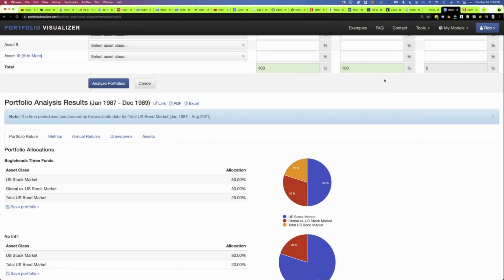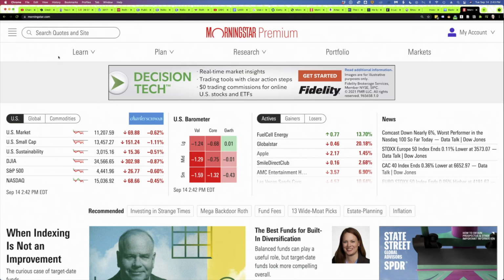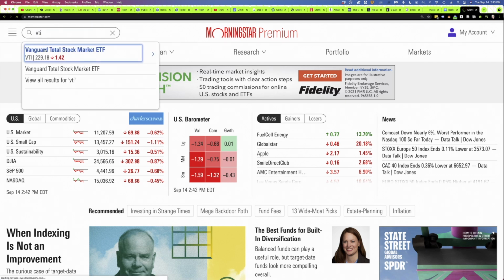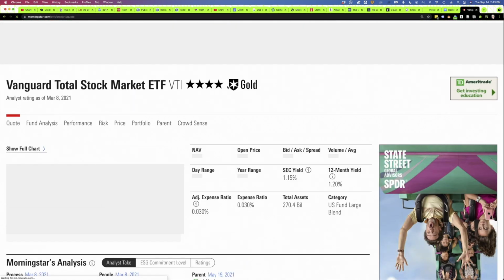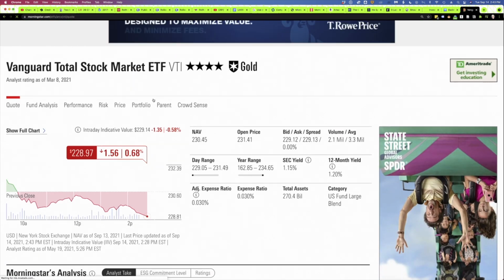Now, before we move into the reasons why I think you might exclude international exposure from your portfolio, I want to take a quick look at Morningstar. Let's look at Vanguard's total stock market ETF. This is an ETF that covers the entire U.S. market.